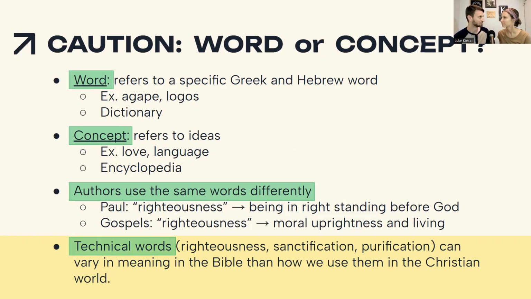I think of gradually being perfected until we get into heaven and then we're fully perfected. Yeah, I think that's a typical understanding. You have justification, that's your status before God, and then sanctification is your growth. In the Bible, though, when you see the word sanctification, it usually doesn't mean that.